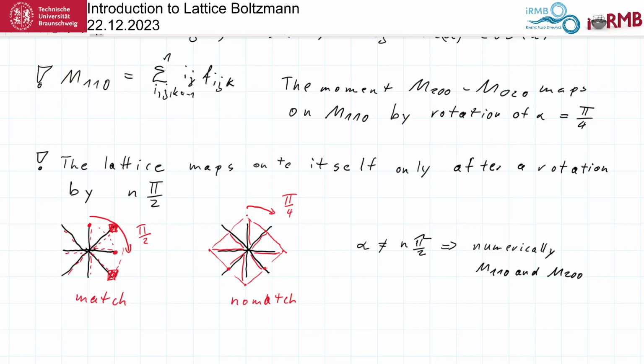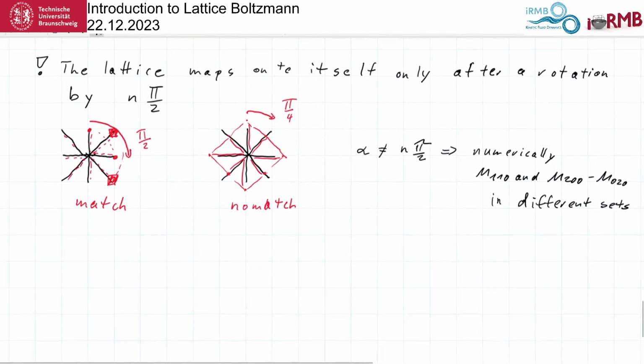So from a physical point of view, you should say they should match, but the discretization is not as isotropic as physics should be. Therefore, there is this mismatch. So this is a property of the lattice, it's not a property of the original equation.